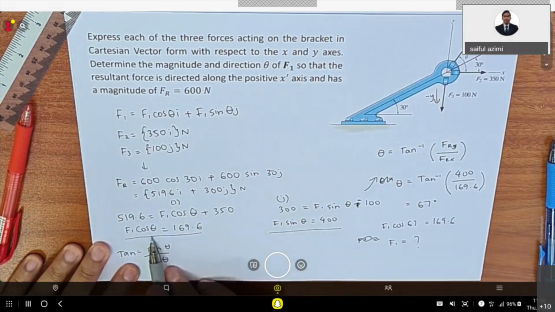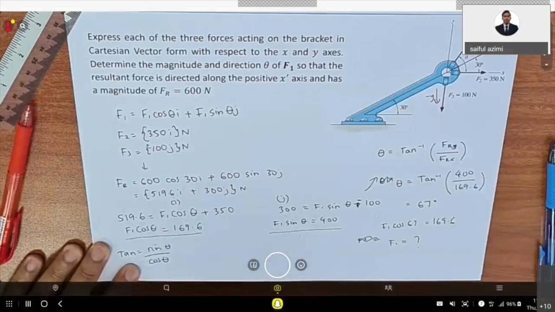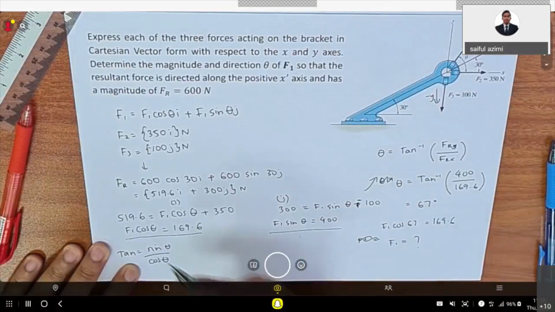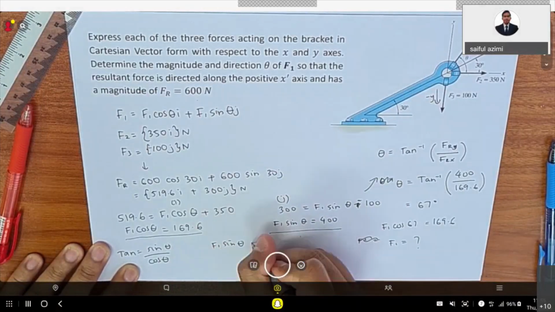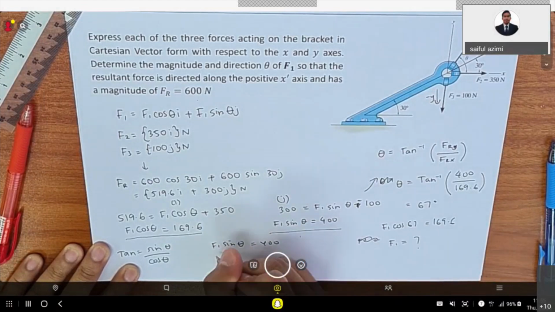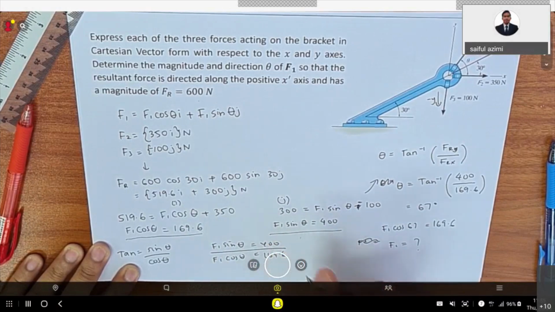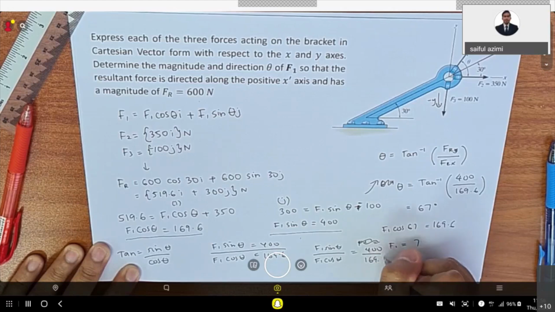So F1 sine theta equals 400, divided by F1 cos theta, which equals 169.6. So it becomes F1 sin theta over F1 cos theta equals 400 over 169.6.